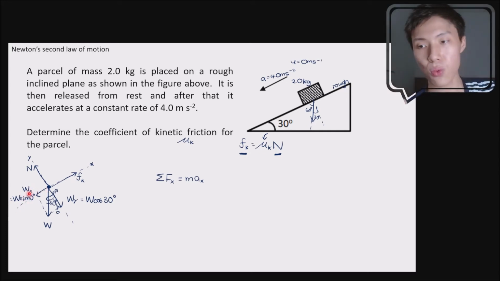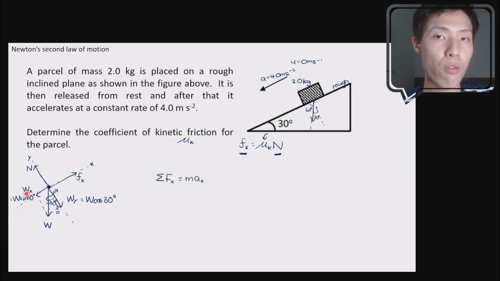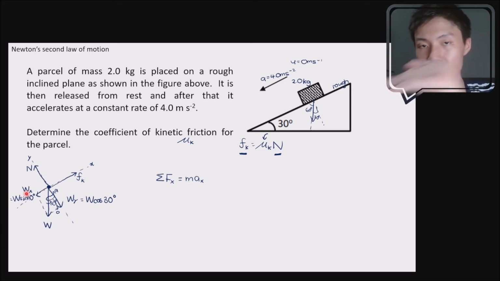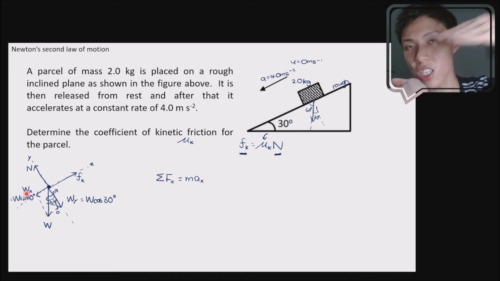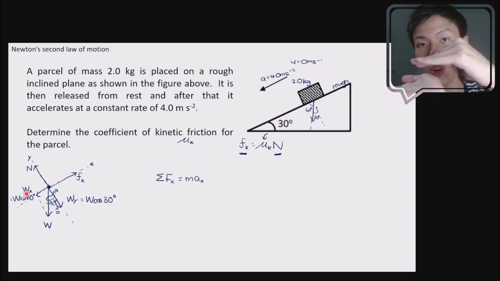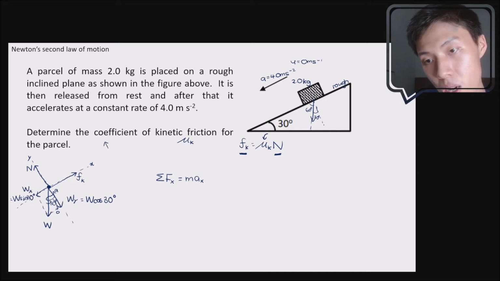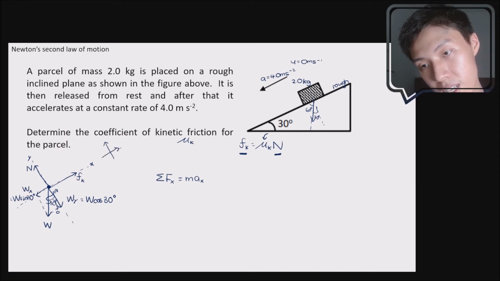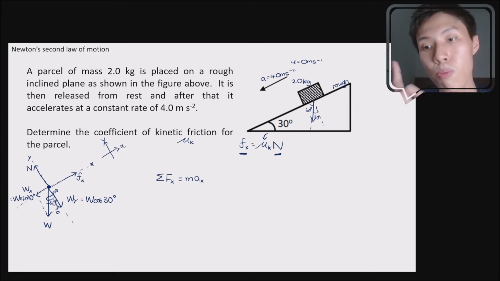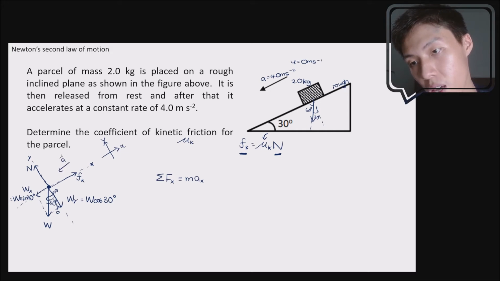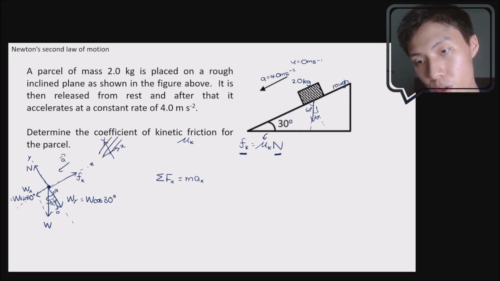The usual way of doing chapter 4 questions is we treat the direction where the acceleration is pointing as positive. Usually our x and y is like this, but because now our acceleration is pointing this way, we will not follow this.